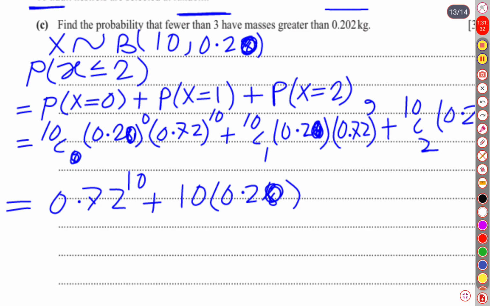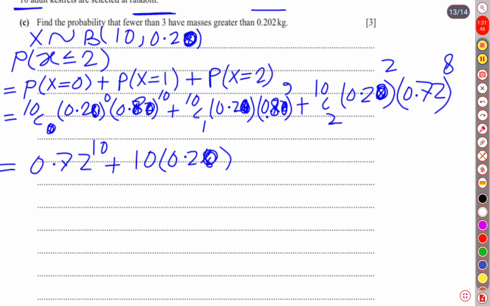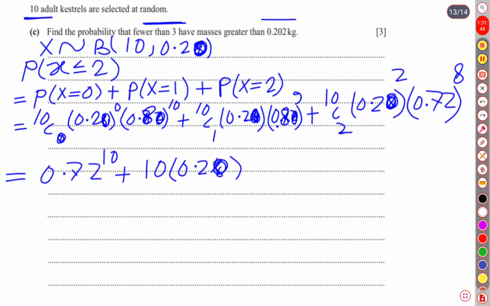So this is going to be 0.80, this is also 0.80, and let's make the change in the next one too. Okay, so it is 10 into 0.20.